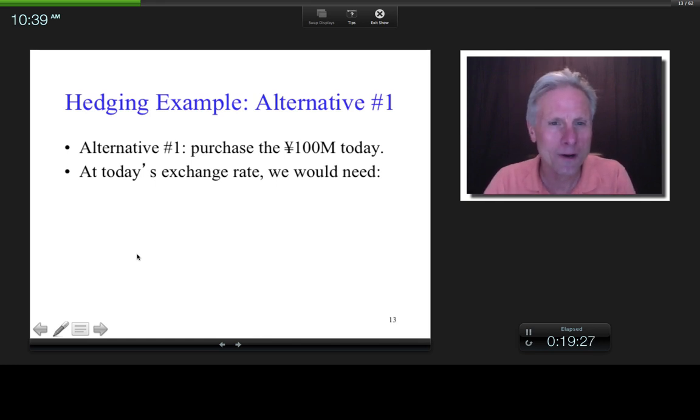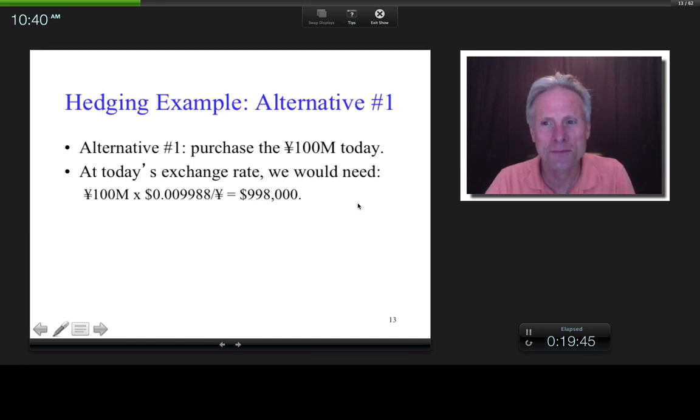What exchange rate would I need to determine how many dollars I'd need to buy 100 million yen today? Well, the spot rate, right? Today's exchange rate. I'm changing the money today. All right, so that would mean I'd need $998,000.